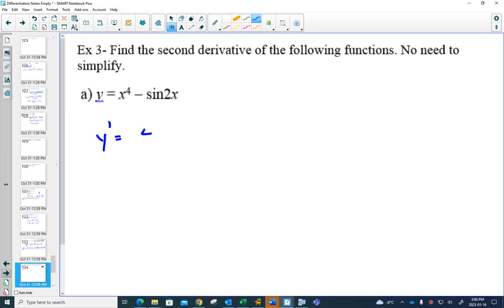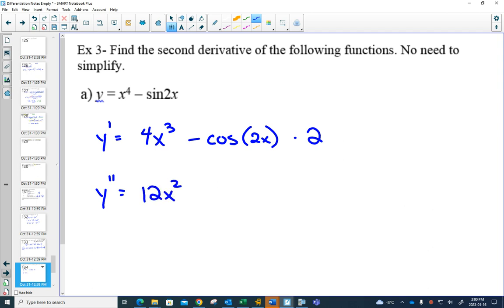No need to simplify. So that one would be 4x cubed. Can you see that the negative sine 2x would be a chain rule, that the 2x is inside of sine? So the derivative of sine is just cos, keep the inside the same, multiply by the derivative of the inside. Then my second derivative, 12x squared, we have another chain rule.